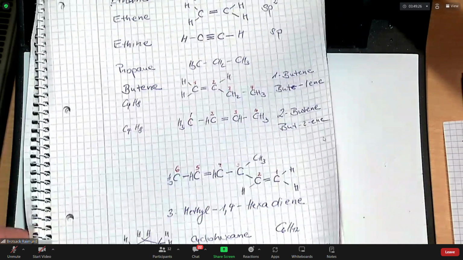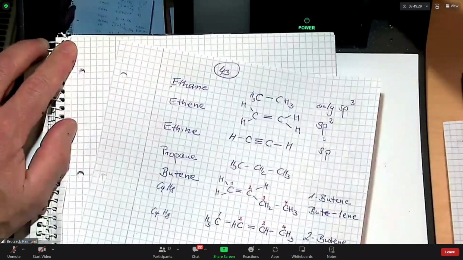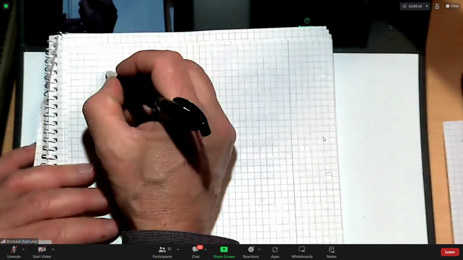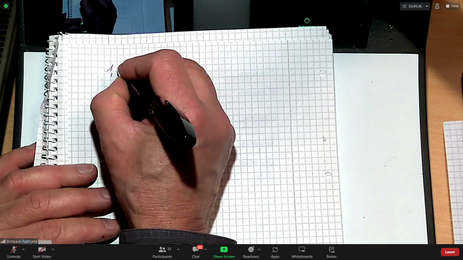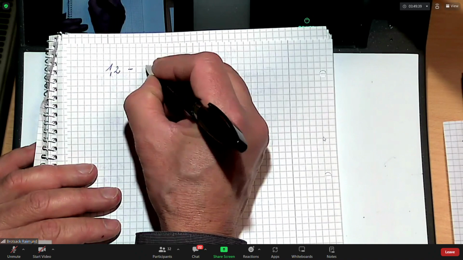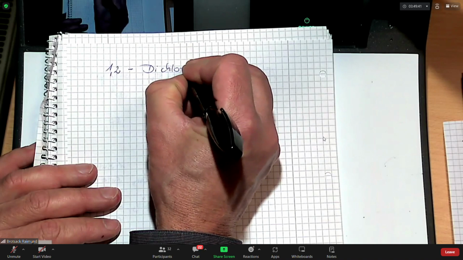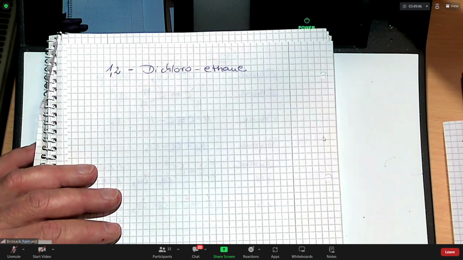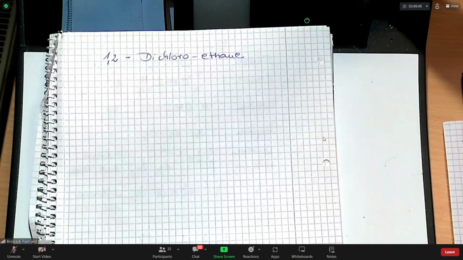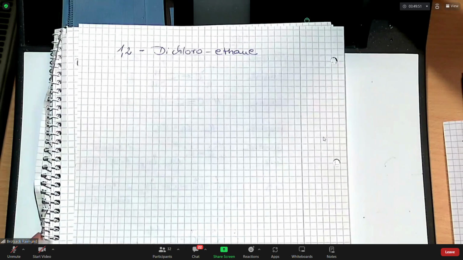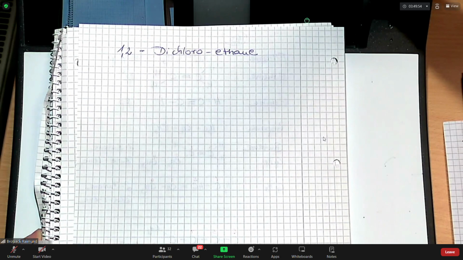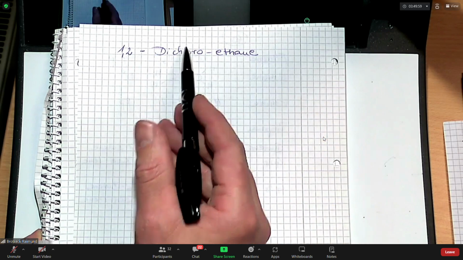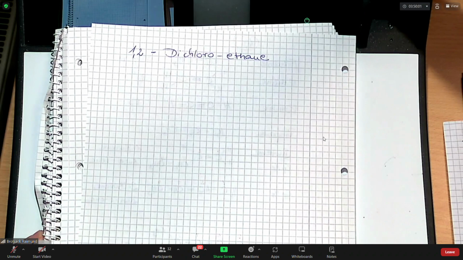When we have heteroatoms, as mentioned before, let's talk about 1,2-dichloroethane. Please help me to draw the structure of this molecule. It is an aliphatic, no double bond, and 1,2-dichloro. What do you think it means?